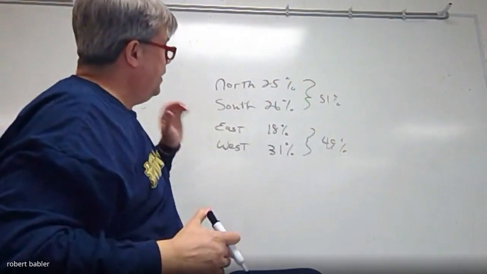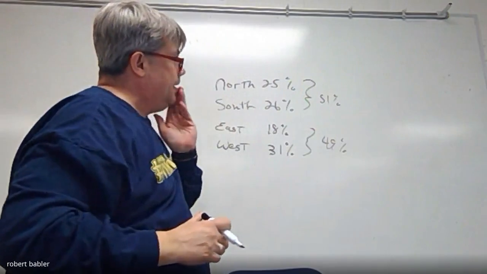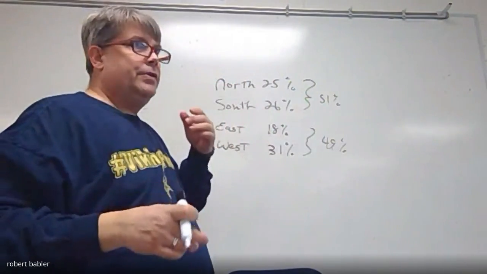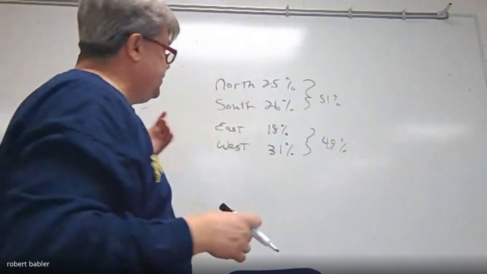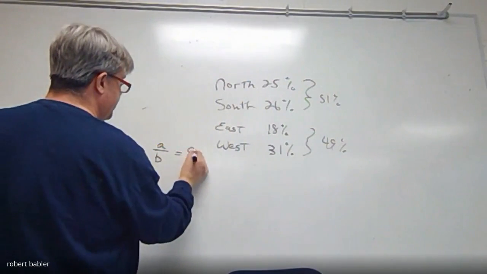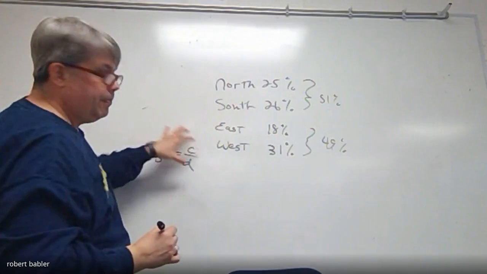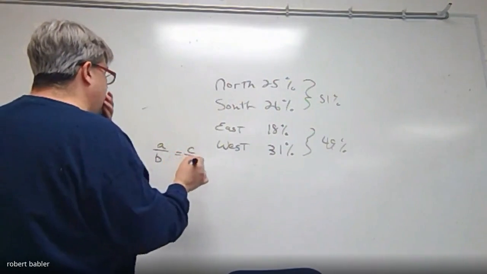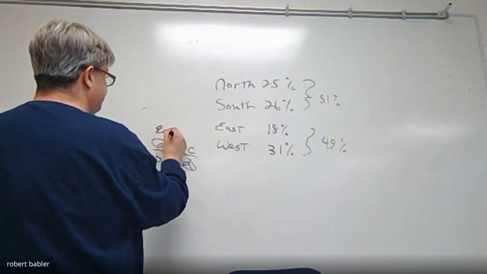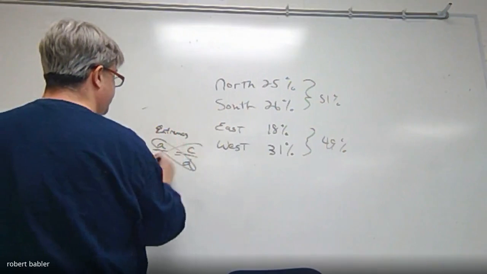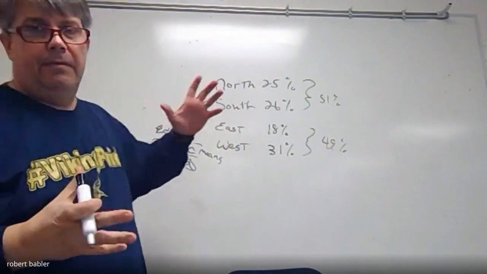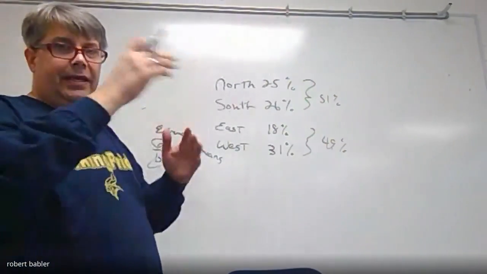And another thing I want to mention, and this hit me in mathematics, when you're talking about proportionality, there's something called the means and the extremes. If you have A over B is equal to C over D, which is a proportion like this, we call these the extremes and these the means. The idea is that you've got the outer two things and the inner two things.